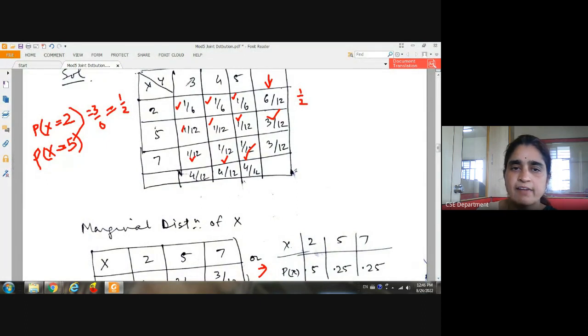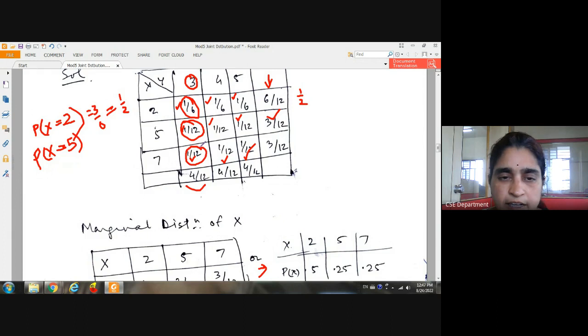Y can take values 3, 4, 5. So you find probability y equal to 3. Write it here. Y equal to 3 means x equal to 2, y equal to 3; that case can be there, or x equal to 5, y equal to 3. The last way is x equal to 7, y equal to 3. There are these three ways.